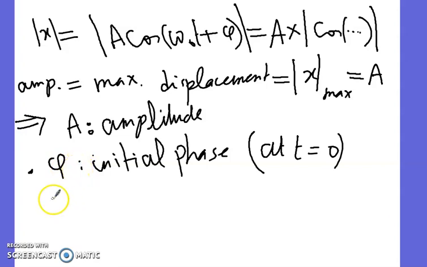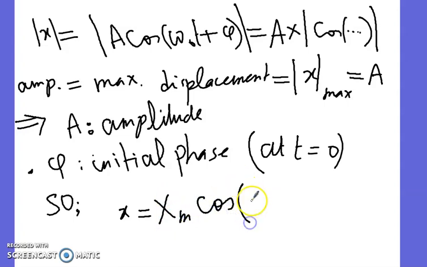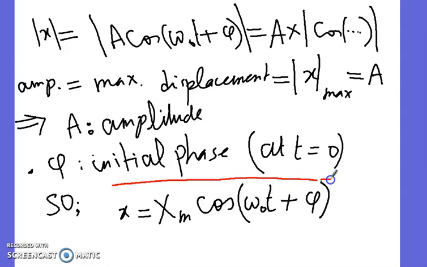So usually we write the equation in the form x equals xm cosine or sine, it doesn't matter, okay? Omega 0 t, which is radical k over m, plus phi. This is the time equation of simple harmonic motion in the case of rectilinear motion.